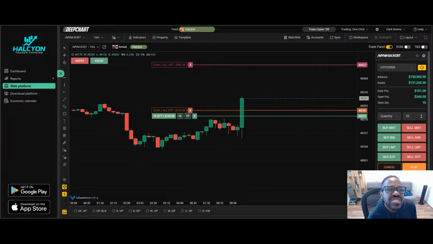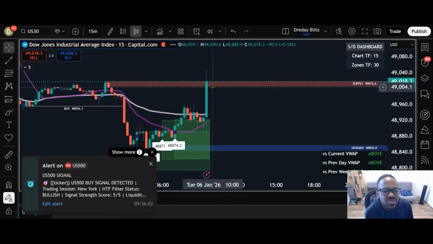So we are still in profit. We had the US30 buy. So it's looking good here. We already broke that structure. If we go back here on TradingView, as you could see, we break that structure right here. It's going back to it, but we're breaking the structure here.